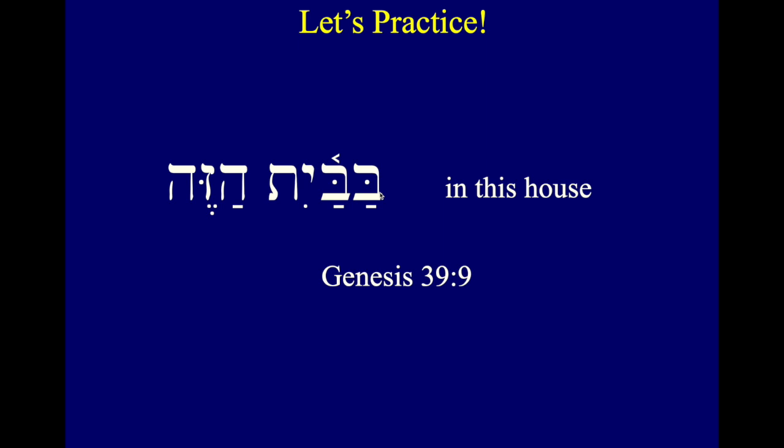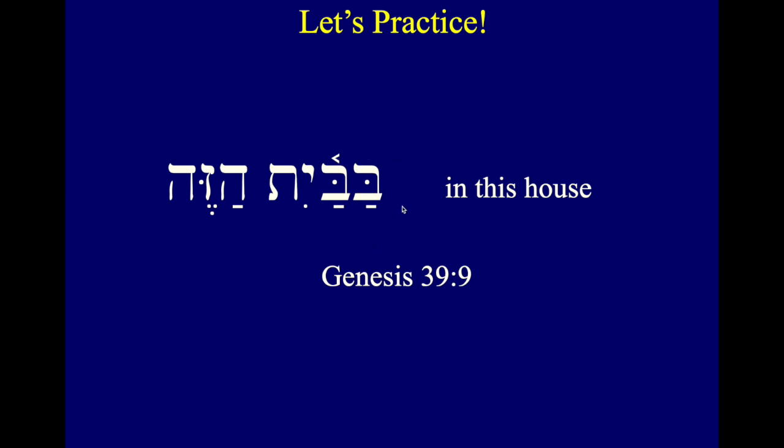Remember when we have these prepositions like bet that you can slap onto the front of a word. If you wanted to say in a house, you would say ba, and there would be a schwa underneath, babayit. If you want to say in the house, you don't say bahabayit. They reduce that to babayit.